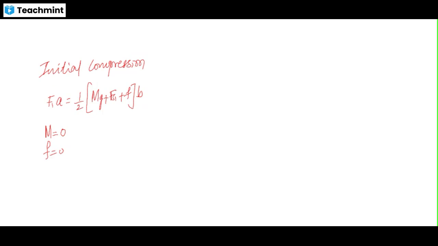Now what equation do we get? F1 A equal to Fs1 into B, with a factor of 1 by 2. As they have said the lengths are equal, A equal to B equal to 1.